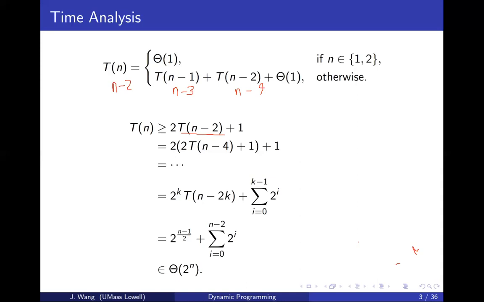Well, actually, we don't need that. So we just use this, right? So we will say this is greater than or equal to T of n minus 2, then greater than or equal to. You repeat this, right?